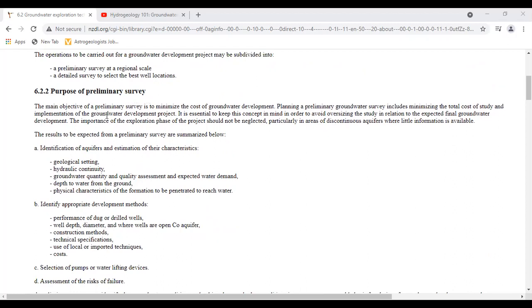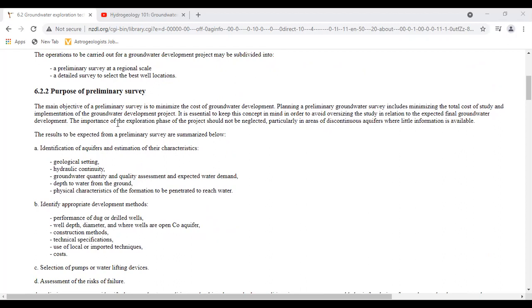The main objective of a preliminary survey is to minimize the cost of groundwater development. Planning a preliminary groundwater survey includes minimizing the total cost of study and the implementation of the groundwater development project.